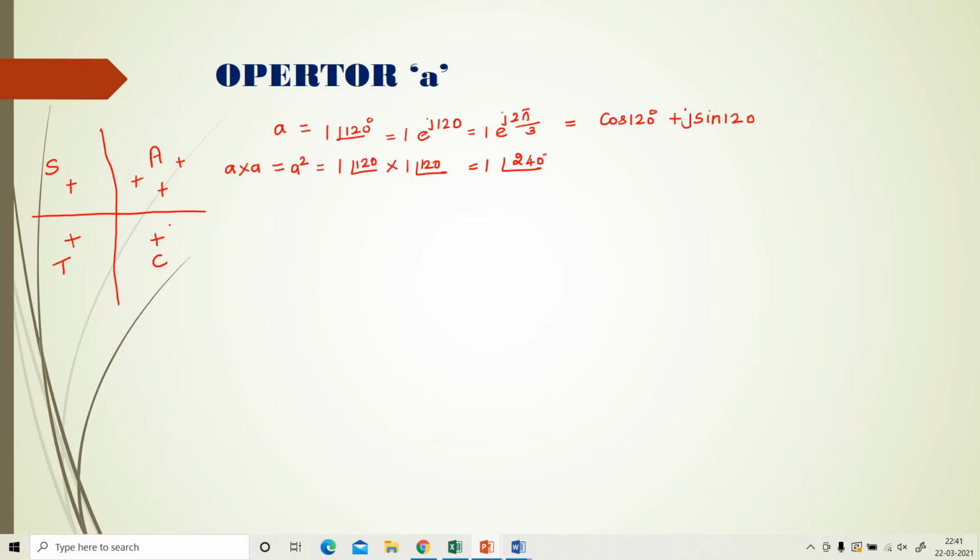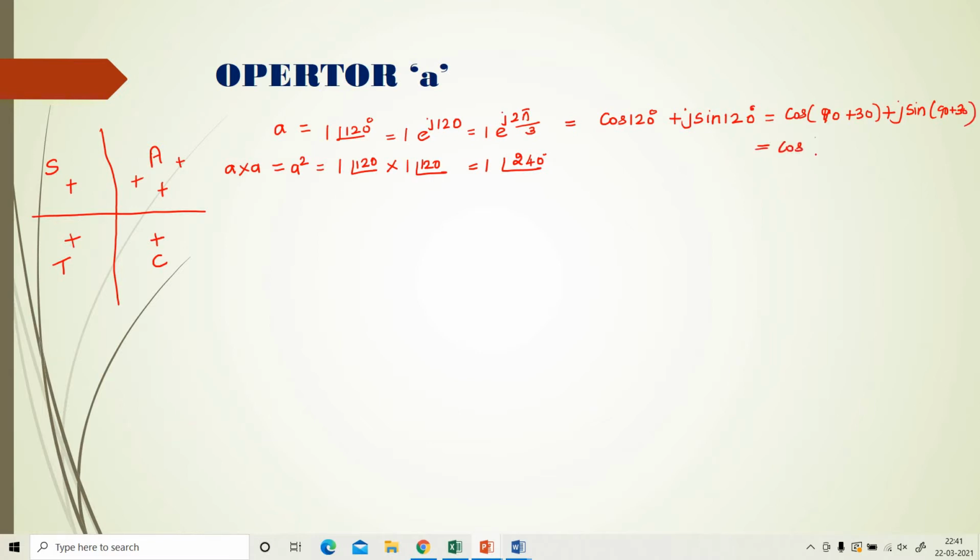Here cosine is positive, remaining are negative. So cos 120 degree plus j sin 120 degree. How can we write this? Cos of 90 plus 30 plus j sin 90 plus 30.